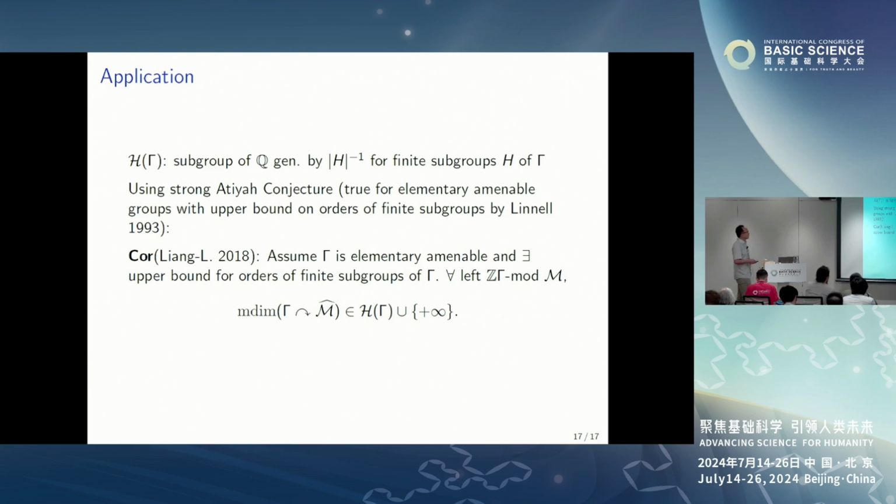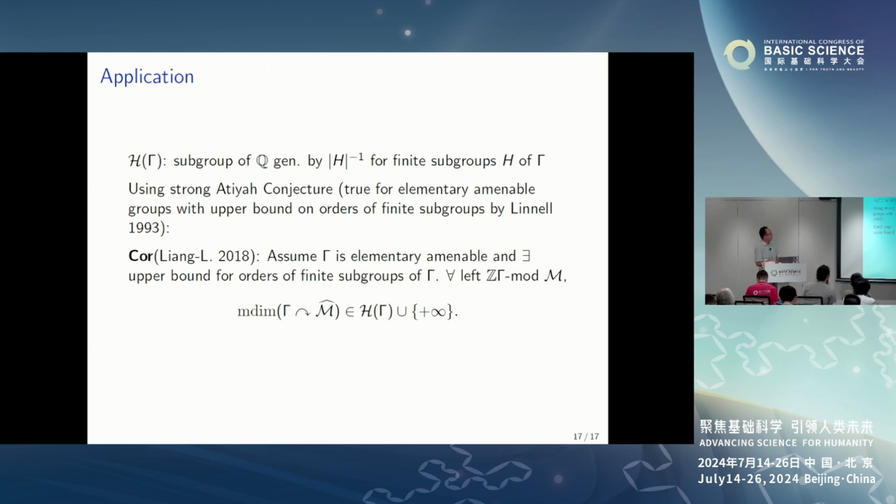But it's also known to be true for many groups, in particular for elementary amenable groups, for which the finite subgroups have a bound on their size by a linear bound. Then if the group satisfies this condition, for any module, the mean dimension of the algebraic action is always in this subgroup, together with possibly infinity.